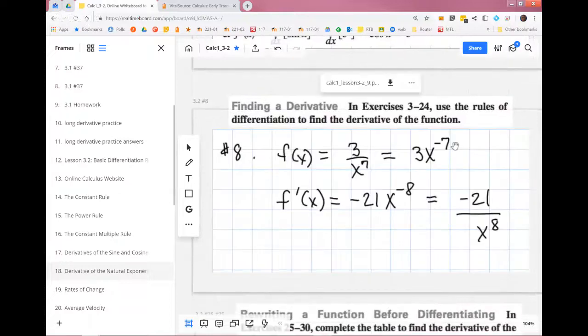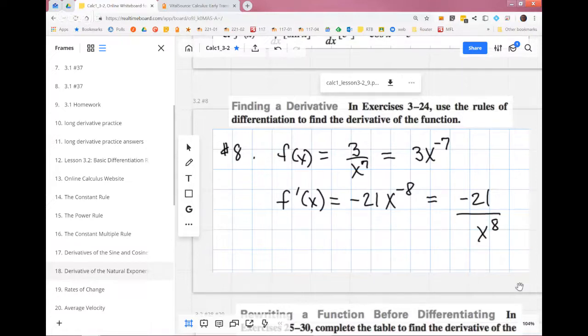So let's take some examples from the assignment now. Number 8, you can see the directions right there. Use the rules of differentiation. So we have 3 over x to the 7th. First, rewrite that. Put the 3 out in front. And really, 1 over x to the 7th is x to the negative 7th.